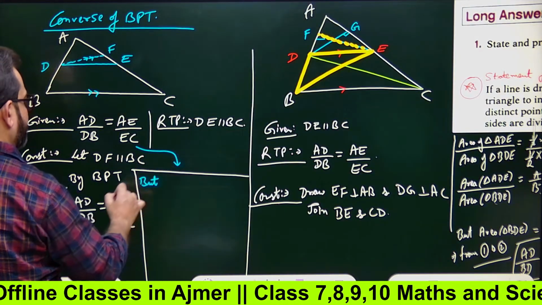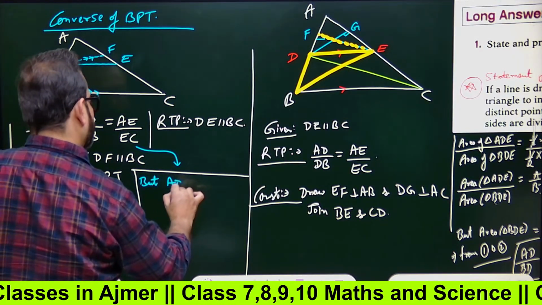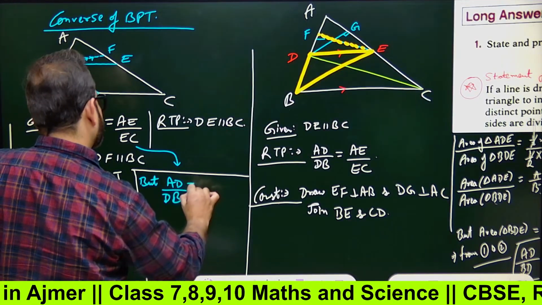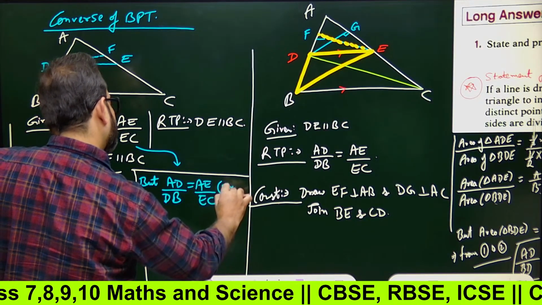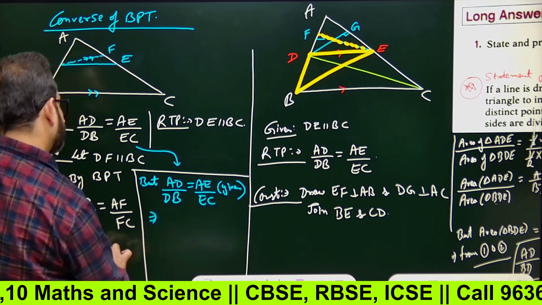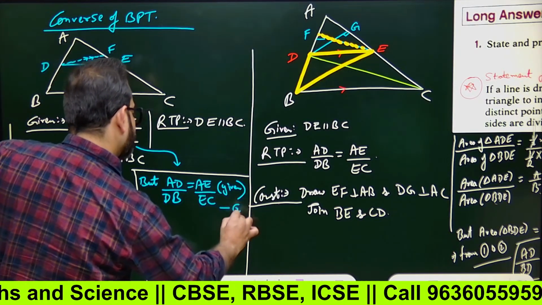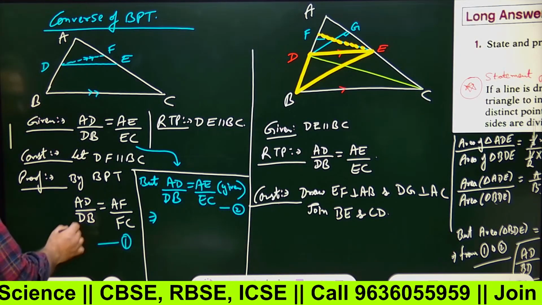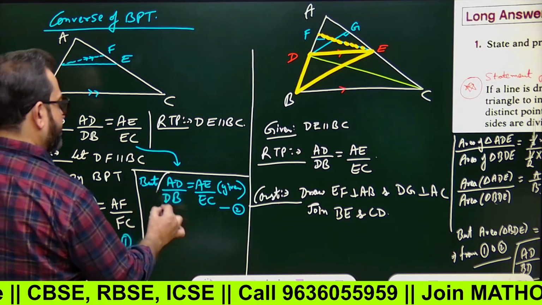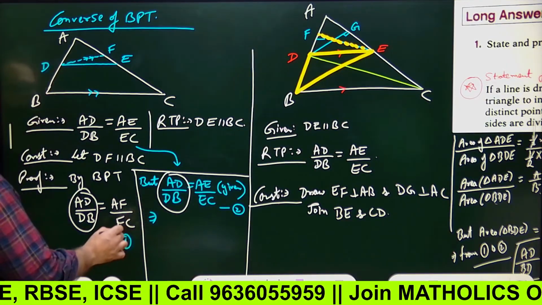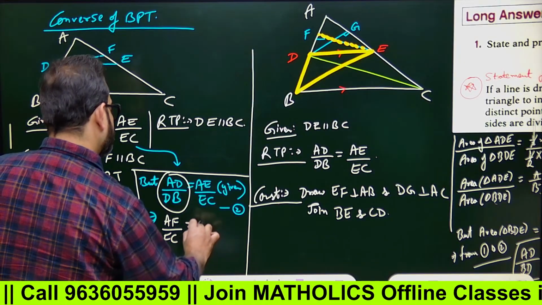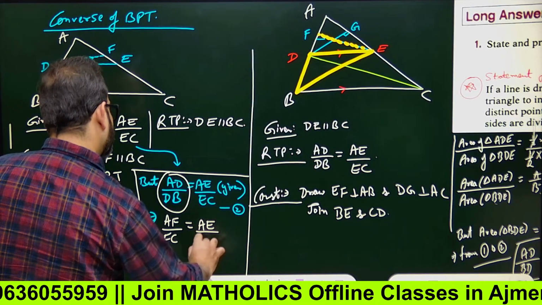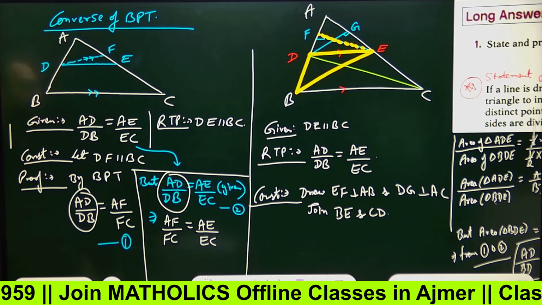This is given that AD upon DB is equals to AE upon EC. It is given. Yes or no? It implies this is 1, this is 2. So from 1 and 2, AD upon DB, that means AF upon FC will be equals to AE upon EC. Yes or no?